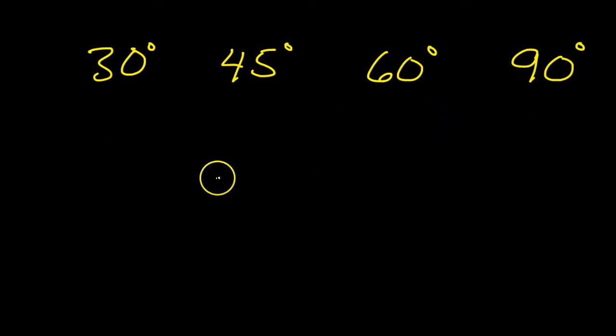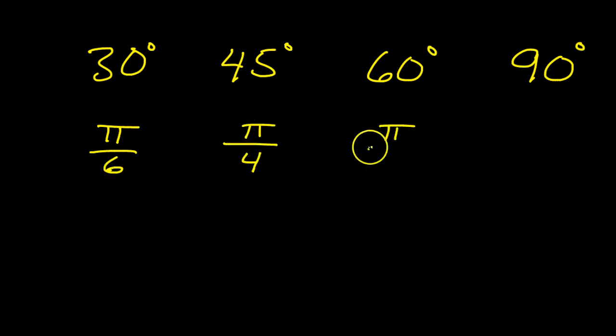In radians, I'm talking about pi over 6, pi over 4, pi over 3, and pi over 2. So these are the special angles that we're talking about.